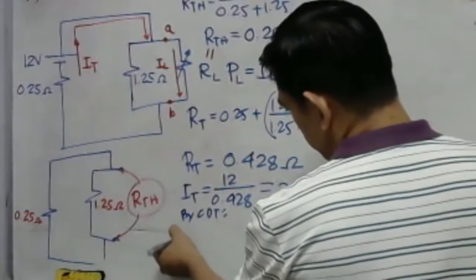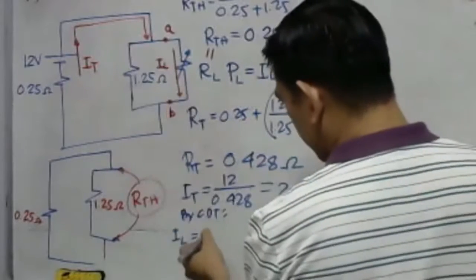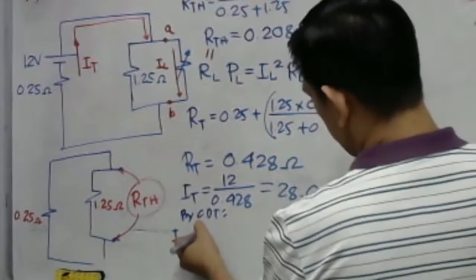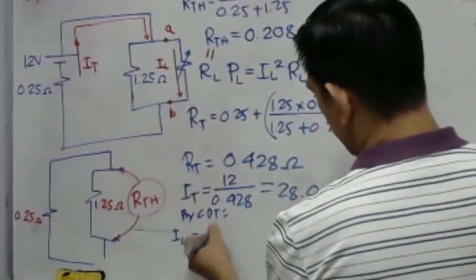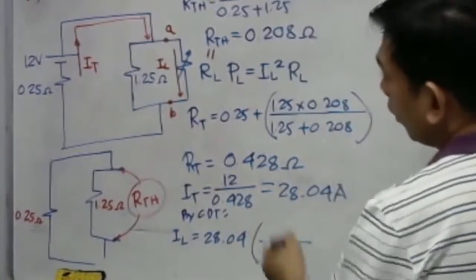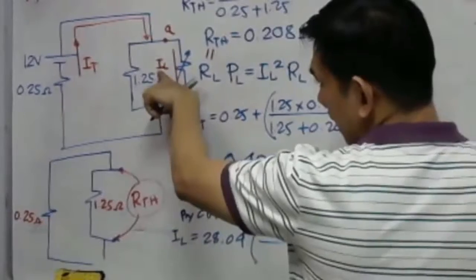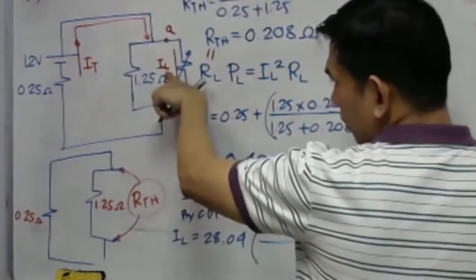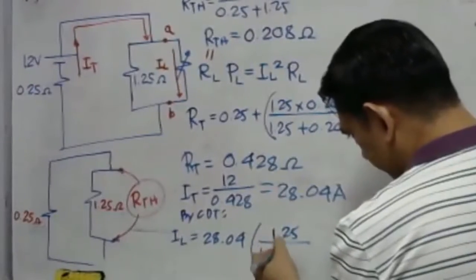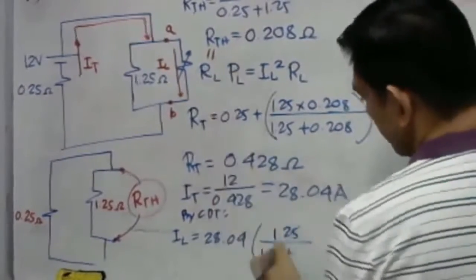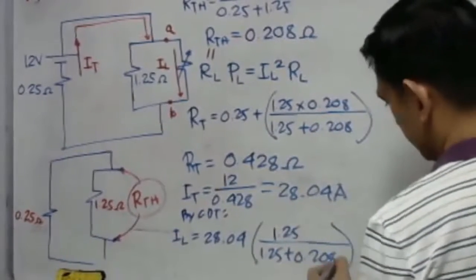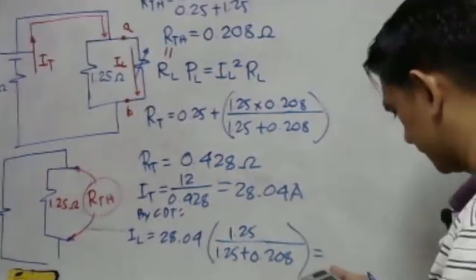We have the load current IL simply equal to the resultant current IT, which is 28.04, multiplied by the opposite resistance of our IL, which is 1.25, over 1.25 plus, again, what is our RL? 0.208.